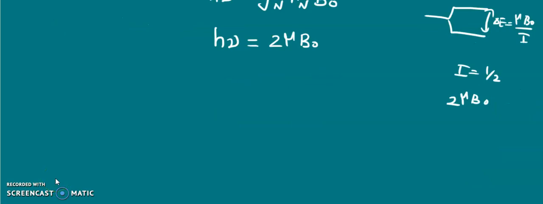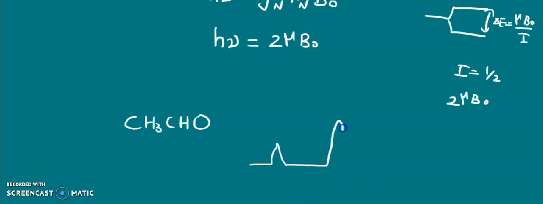For example, consider the spectrum of acetaldehyde, which is CH3CHO. In this case there are 4 protons. But when we observe the spectrum of acetaldehyde, we can see that there are 2 intensity peaks, 2 lines, and their intensity ratio is 1:3.